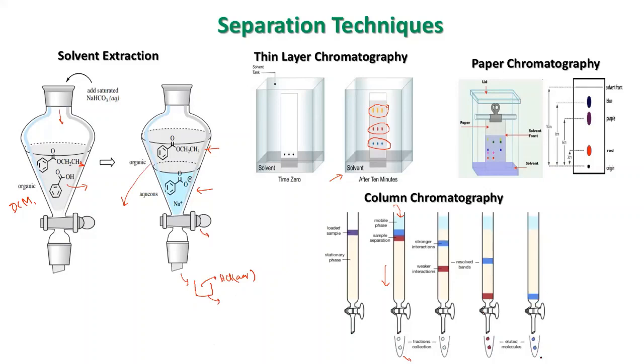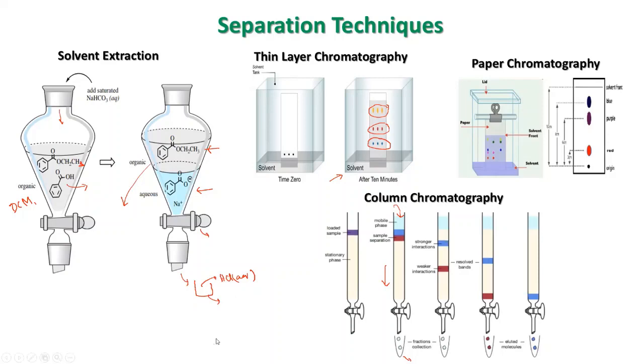In this way, guided by thin layer chromatography, you can do the column chromatographic separation for a large-scale mixture. So thin layer chromatography is just to get an idea of the suitable solvent, and then we do the separation by the column chromatographic technique.